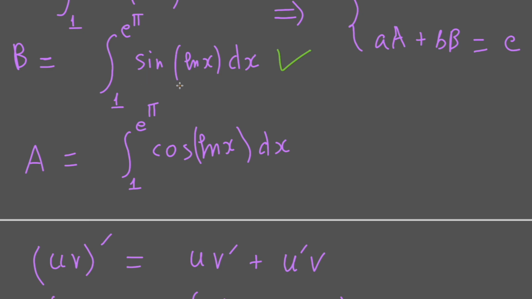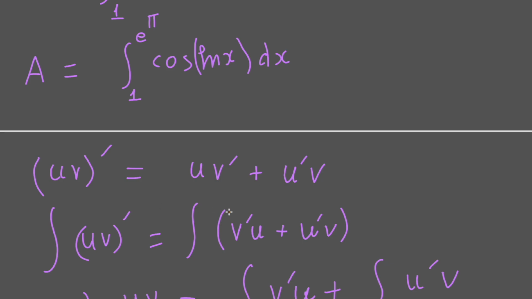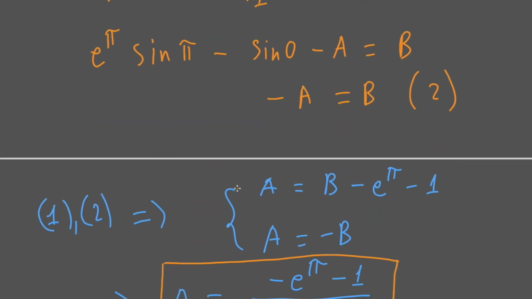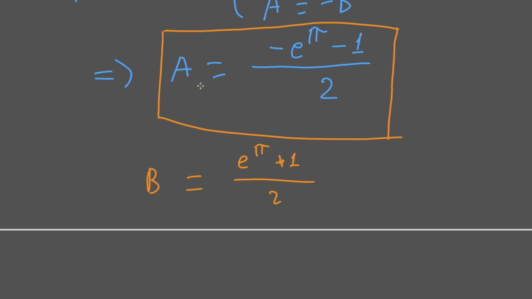Then based on that, we can use another pair of integrals like sine x and cosine x and apply this formula. Then we can solve it by the system of equations. Finally, we find both values of A and B.